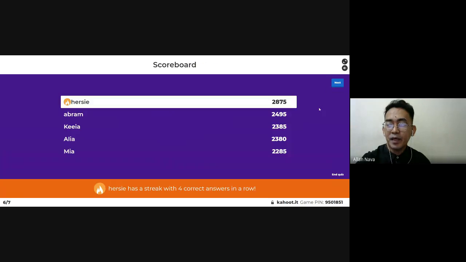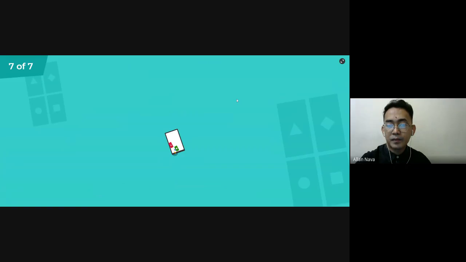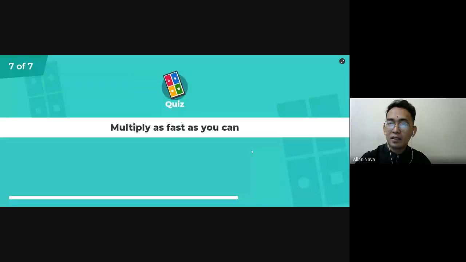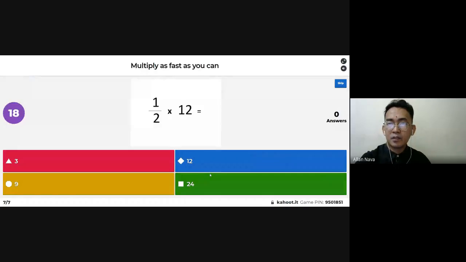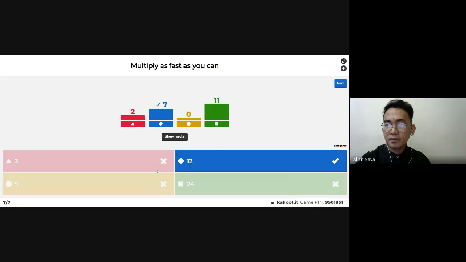Next, I think this is the last one. Multiply again as fast as you can. So 1/2 times 12. By the way, class, skip this one because the options are wrong. The answer is not there.